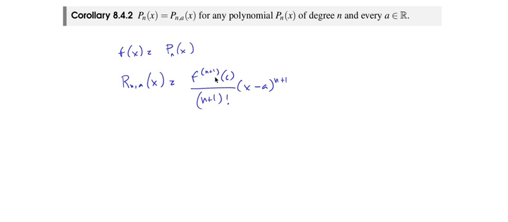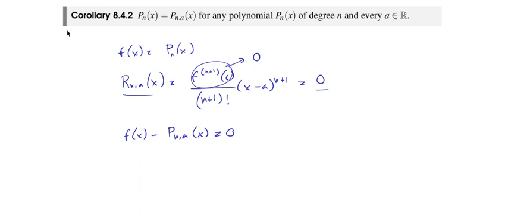But now the n+1 derivative of any polynomial of degree n is going to be 0, so this is equal to 0. The remainder, the difference between f and Pn,a, is going to be equal to 0, which is the same as saying that f is equal to Pn,a, which is the same as saying that Pn is equal to Pn,a.